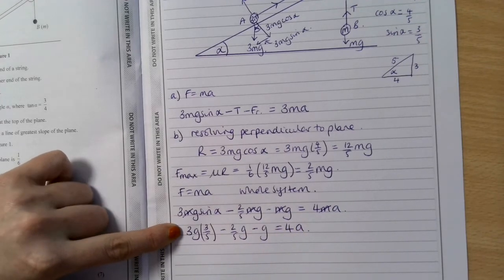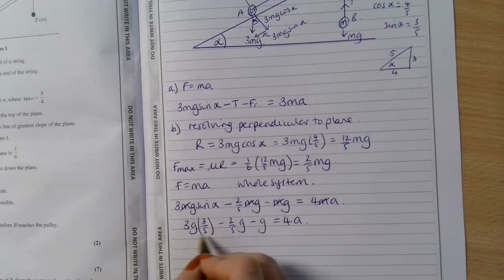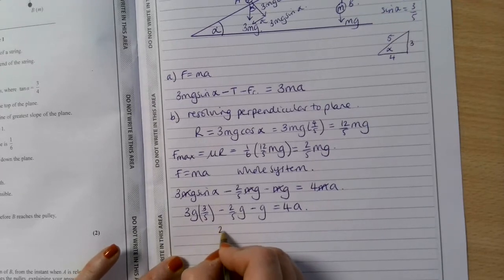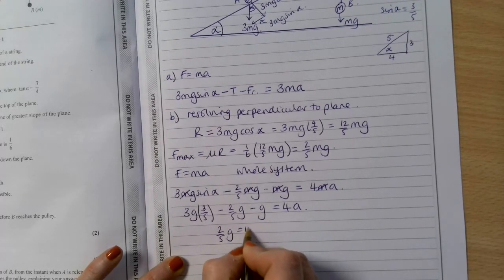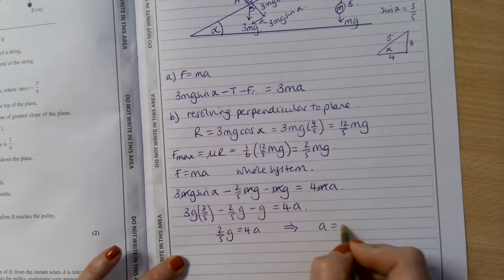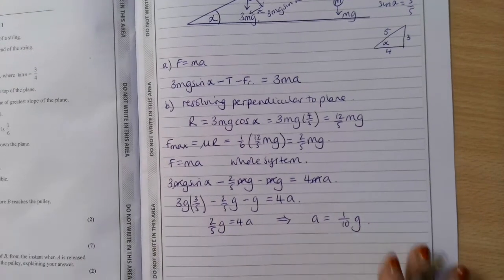So I've got an expression just with g and a. So if I simplify this, I end up with 2/5 g equals 4a, and then if I divide by 4, a is 1/10 g, which is what I was hoping it would be from the question.